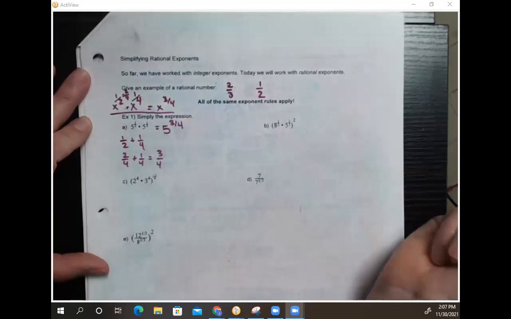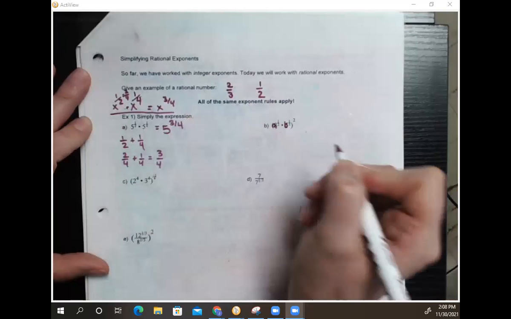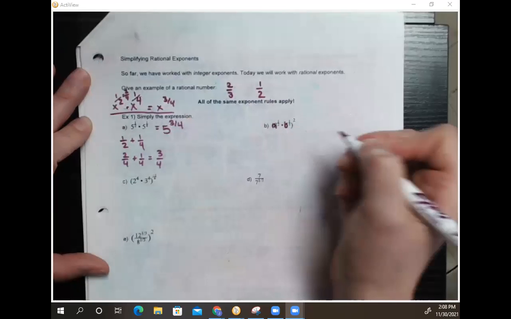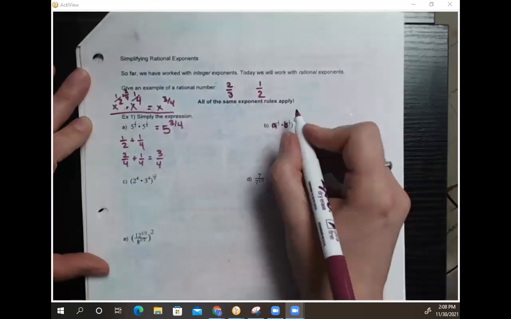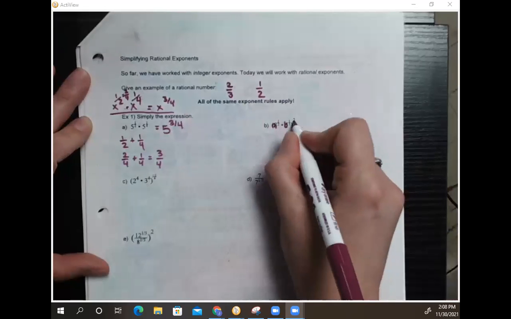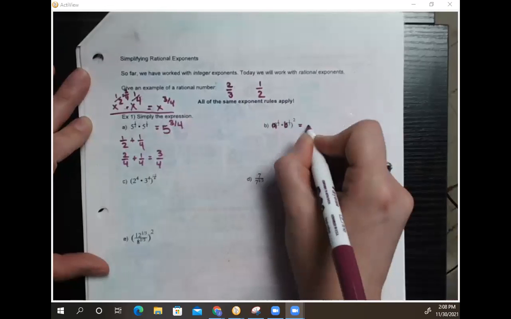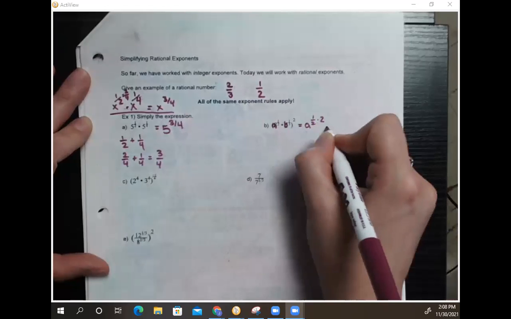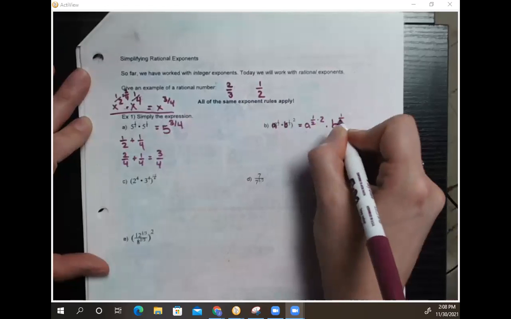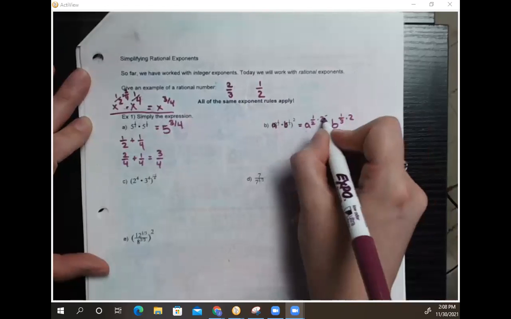For B, we're going to treat this the same way we would treat it if I had an A and a B here. So I'm going to use A and B for now, and then we'll go back to the 8 and the 5 towards the end. Distribute my outside exponent inside those parentheses. So I would get A to the 1/2 times 2 times B to the 1/3 times 2. 1/2 times 2 would be 1.